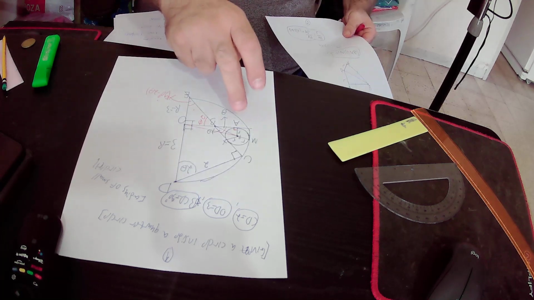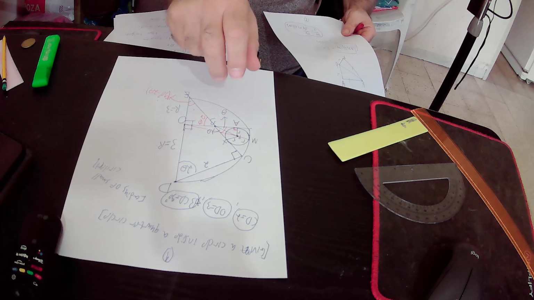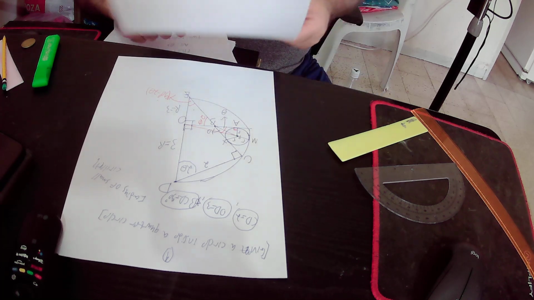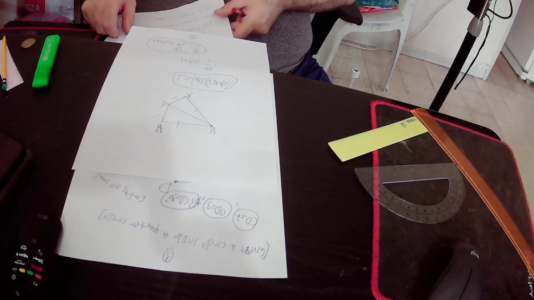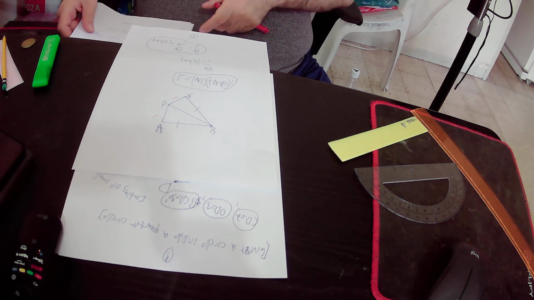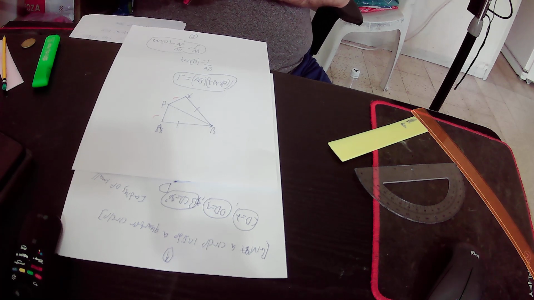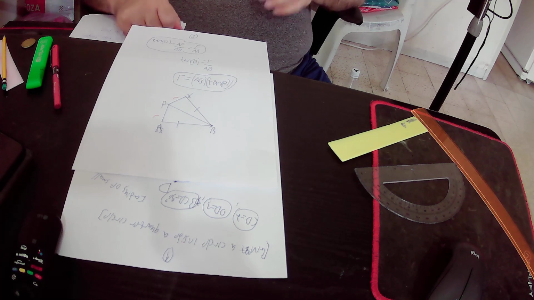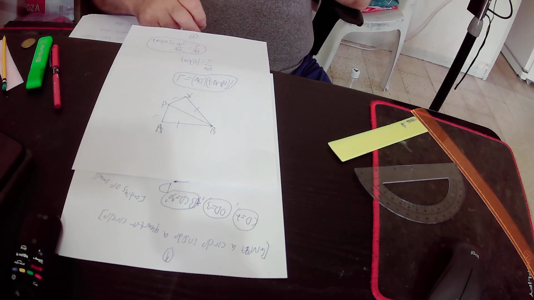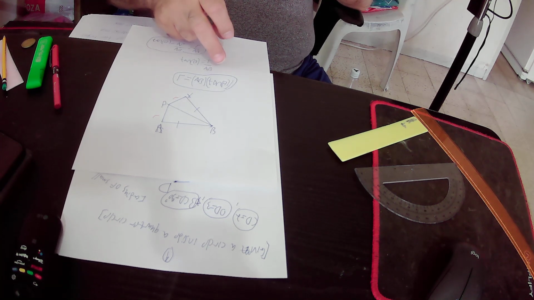R, the radius of this small circle, equals to AB times tangent theta. So in order to find out the value of the radius of the small circle, we must find out the value of AB, and we must find out the value of tangent theta.